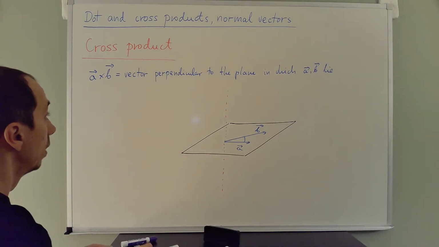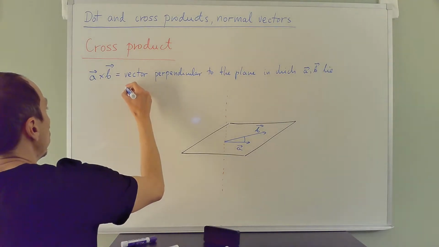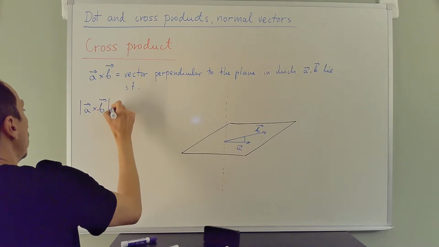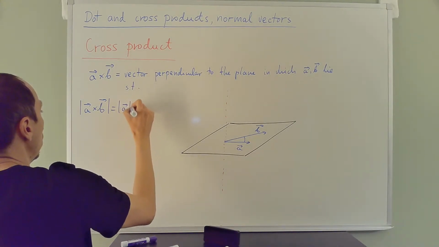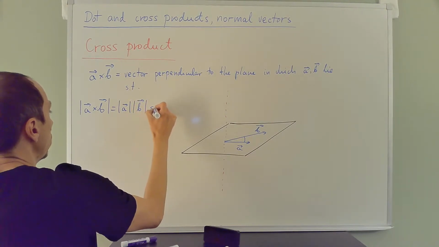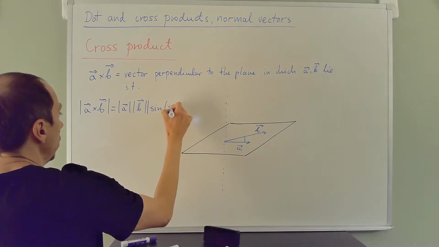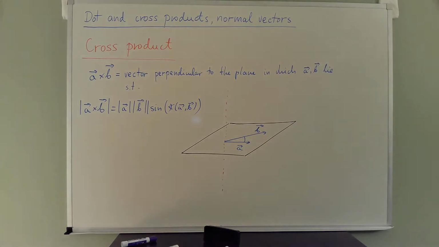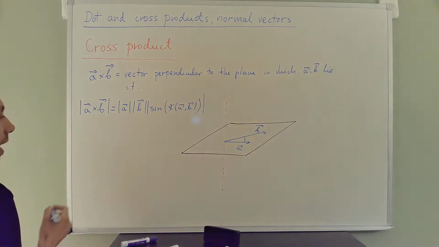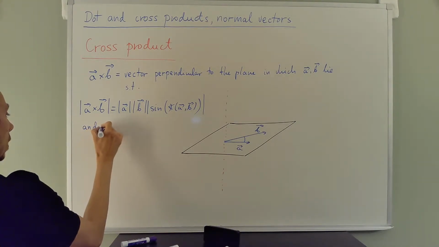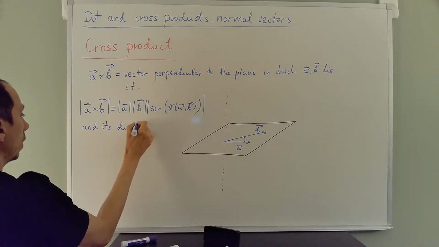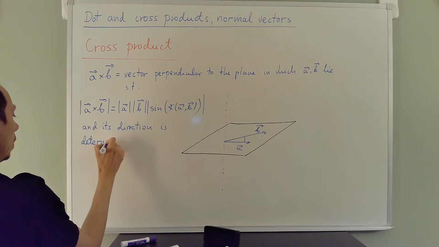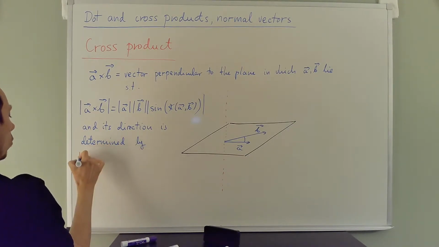So the length of it is equal to the length of A times the length of B times the absolute value of the sine of the angle between A and B. So that gives me how long it is, and its direction is determined by the right-hand rule.